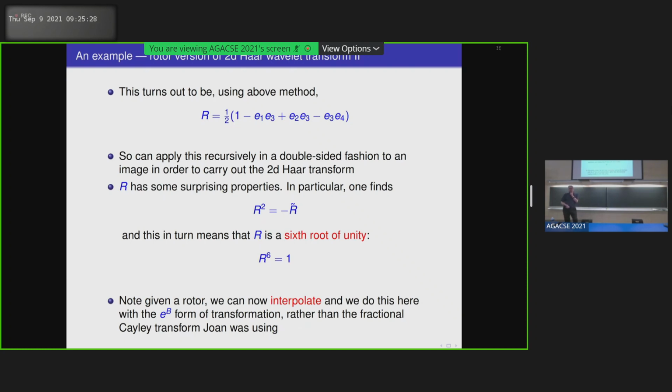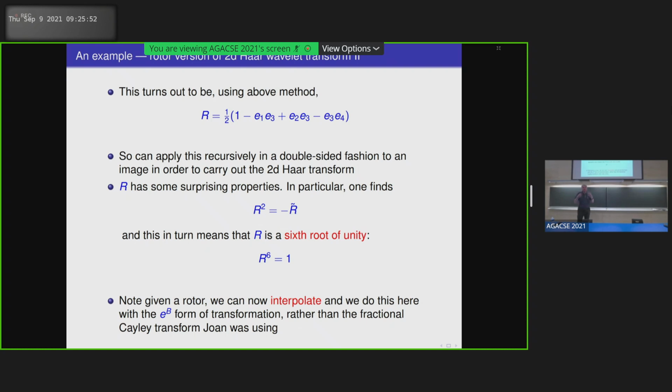It's nice and simple, and you can then apply this recursively in a double-sided fashion to an image in order to carry out the 2D Haar transform. And I just thought you might like to see some quite surprising properties of this R. In particular, you find R squared is minus R reverse, and that in turn means that R is a 6th root of unity, so R to the 6 is 1.